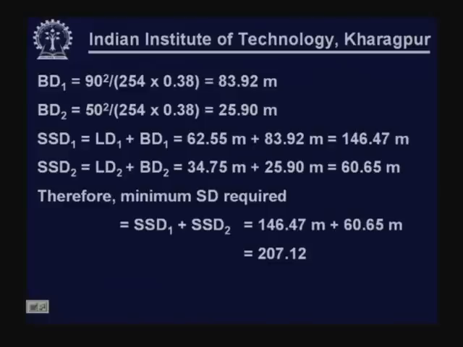So, 25.90. So, the required stopping sight distance for the first vehicle is lag distance plus braking distance. Total is 146.47 meter. For the second vehicle, the required SSD can be calculated in a similar manner, lag distance plus braking distance, and the total is 60.65.